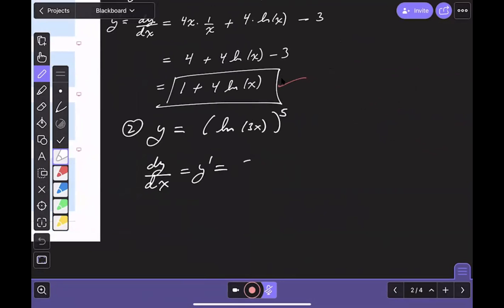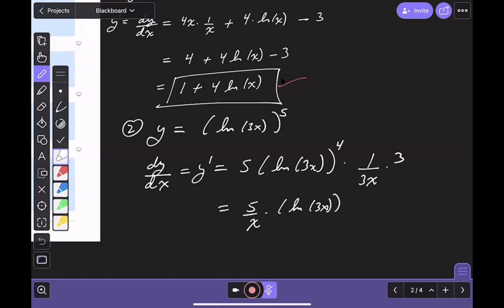What's going to be 5 natural log 3x to the 4th power times, well, the derivative of the inside is 1 over 3x, and the derivative of the inside of the natural log of 3x would be the derivative of 3x, which would be 3. I want to simplify it, and what do you get? You get 5 over x times the natural log of 3x raised to the 4th power.